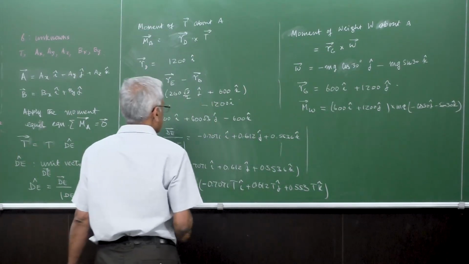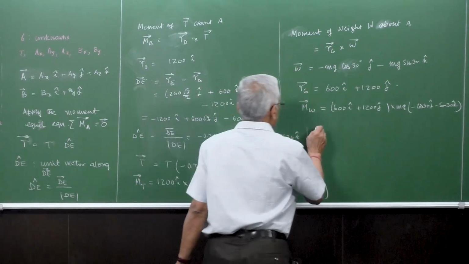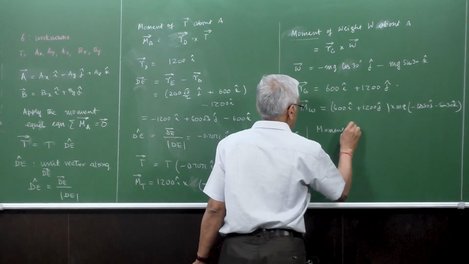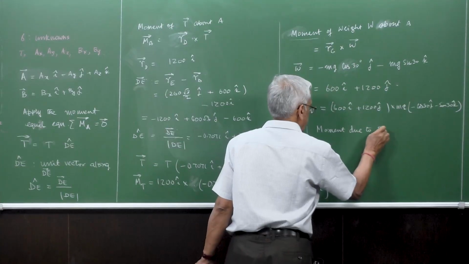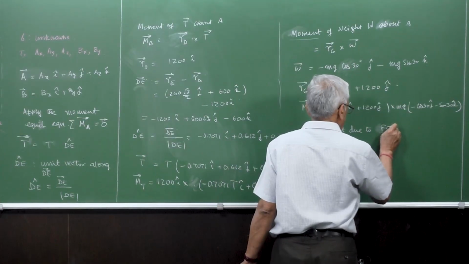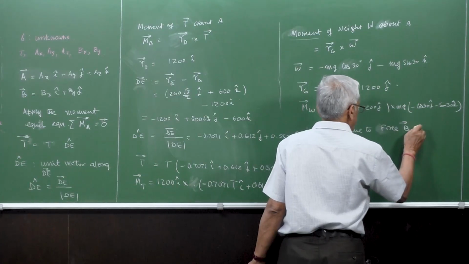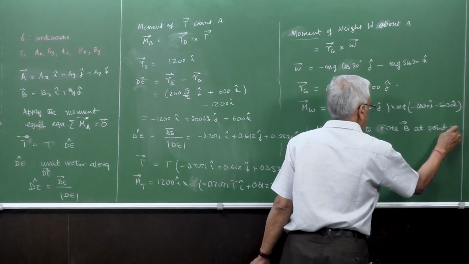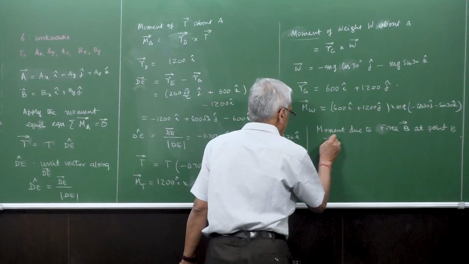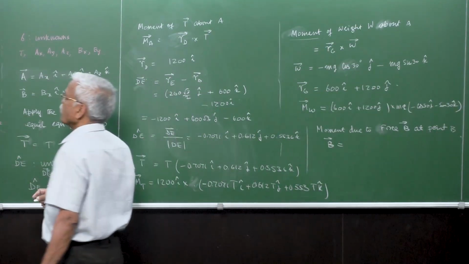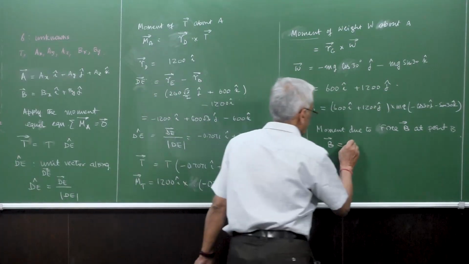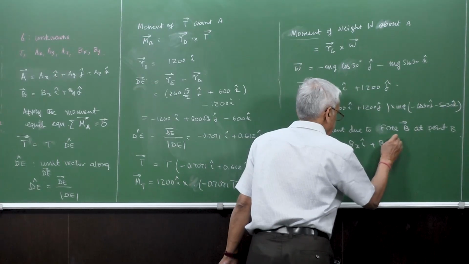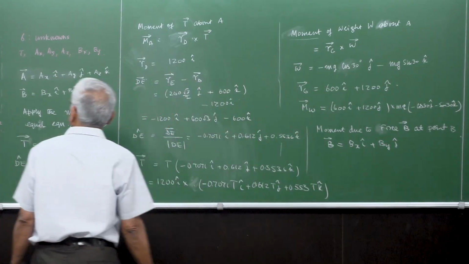And what else is there? Then there's also a moment due to force B at point B. The force B has two components, Bx and By. So it is Bx i plus By j, right?